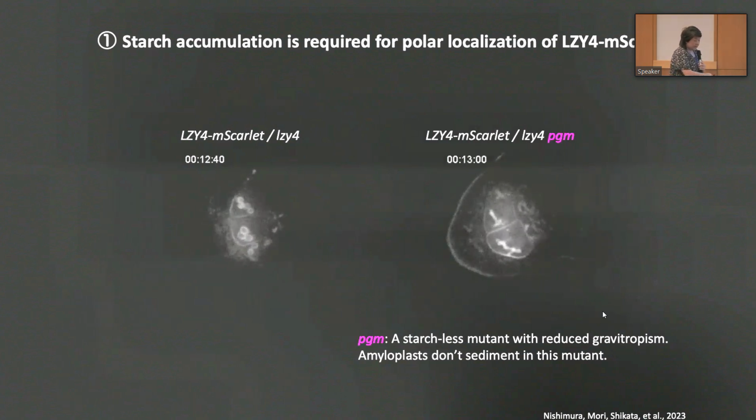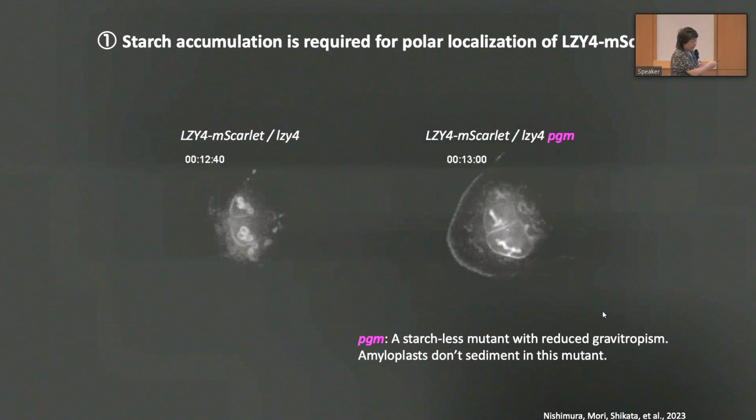So for the second experiment, we used a confocal microscope equipped with optical tweezers to trap and manipulate the amyloplast position. In this case, the direction of gravity is toward the back of the screen.